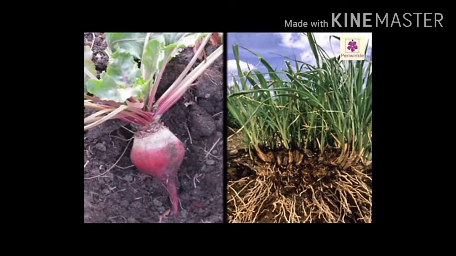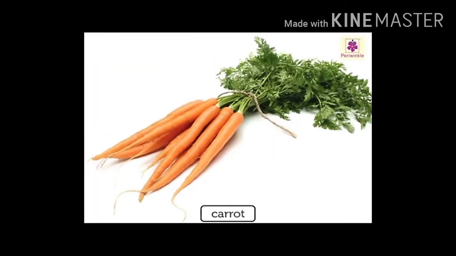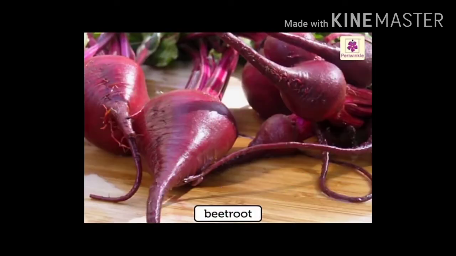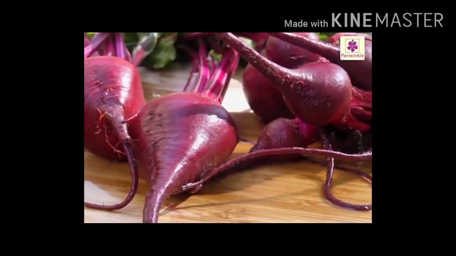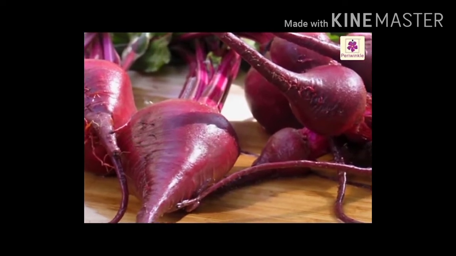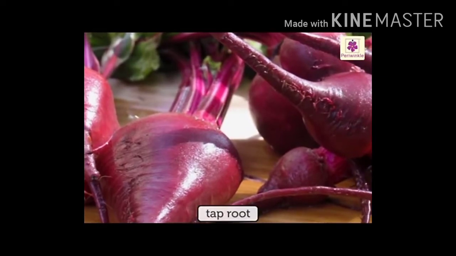Roots are of two types: taproot and fibrous root. Taproot. Some plants like carrot, radish, and beetroot have one main root with thinner roots growing from it. This is called taproot.